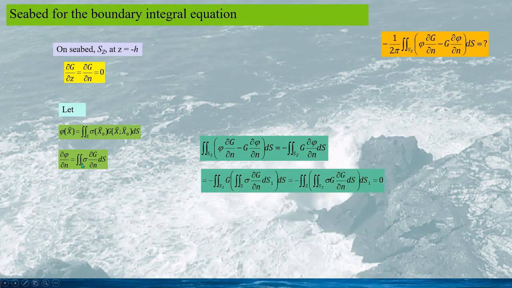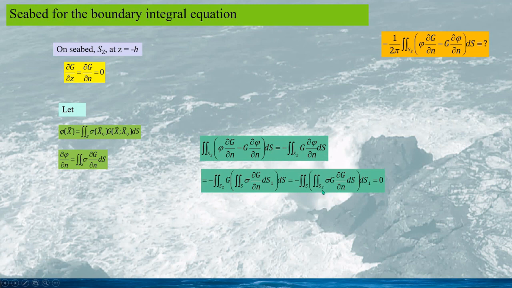So, we can substitute the normal gradient of the potential into this integration, and if we exchange the order of the integration on the surface SZ and S, we have this equation.